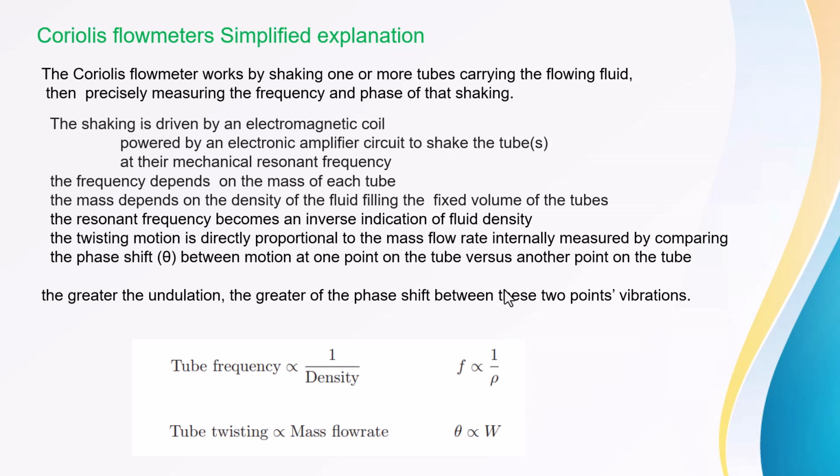The Coriolis flowmeter works by shaking one or more tubes carrying the flowing fluid, then precisely measuring the frequency and the phase of the shaking. The shaking is driven by an electromagnetic coil powered by an electronic amplifier circuit to shake the tube at its mechanical resonant frequency.